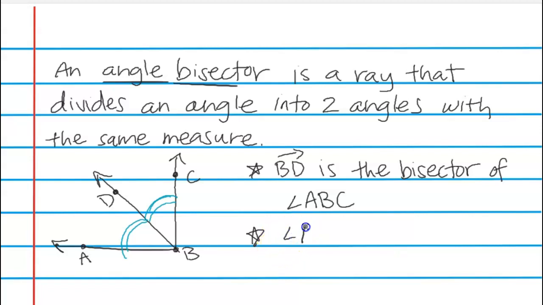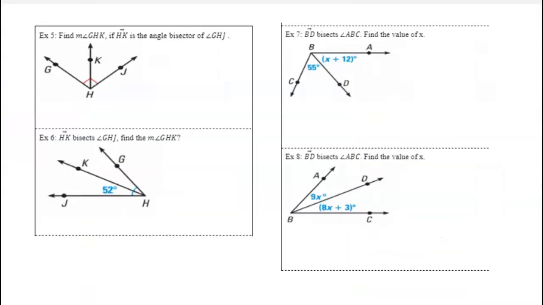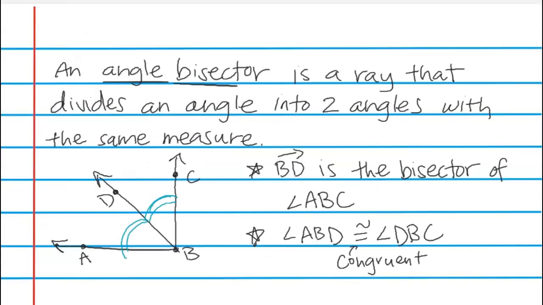And those angles are angle ABD and angle DBC. Now, I did put a very special symbol in between those angles, which has the meaning of congruent. All right, so let's get into our final examples applying this concept of a bisector. So we want to focus in on that there are two angles with the same measure.